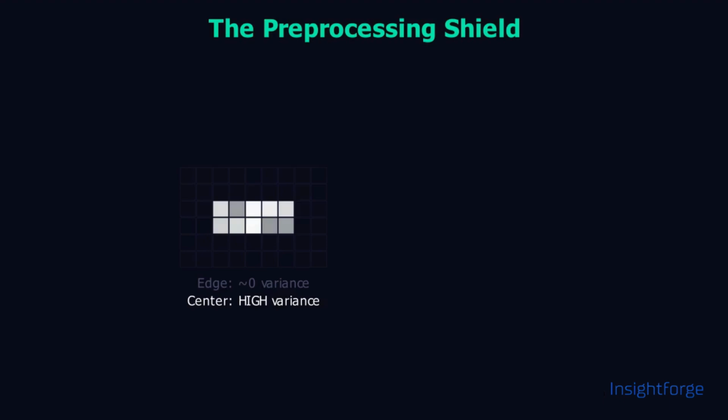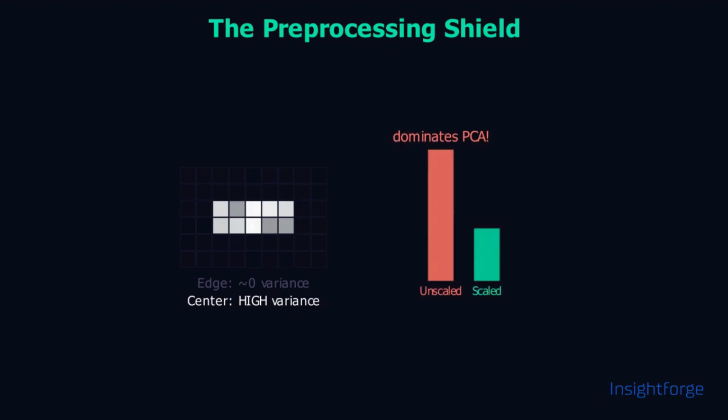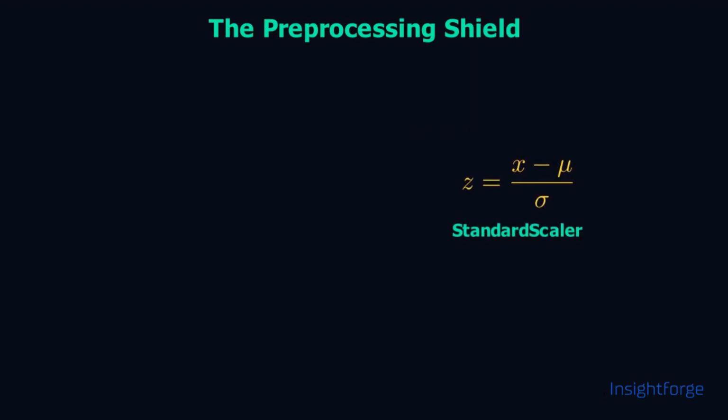But the active pixels in the center have massive variations in intensity. If we do not scale these features, the unscaled, high-intensity pixels will completely dominate the calculation, throwing off our principal components. To fix this, we use the StandardScaler from Scikit-Learn to center our data at a mean of 0 and scale it to unit variance.